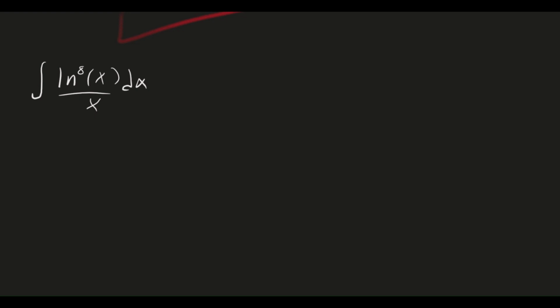So we need to set u, in this case, equal to ln x. So we need to differentiate ln x, which is going to give us for du, 1 over x.